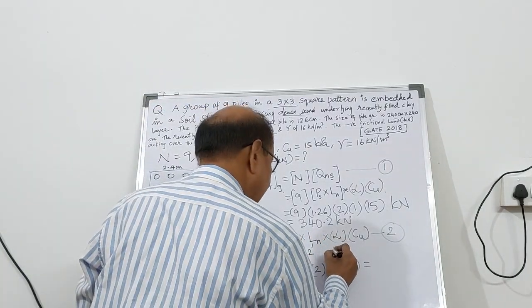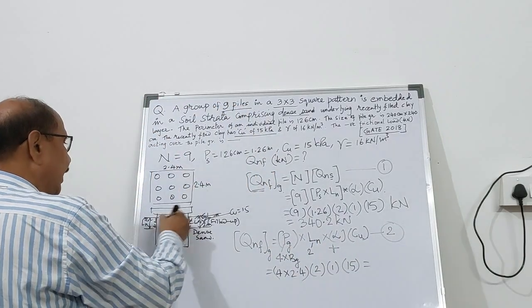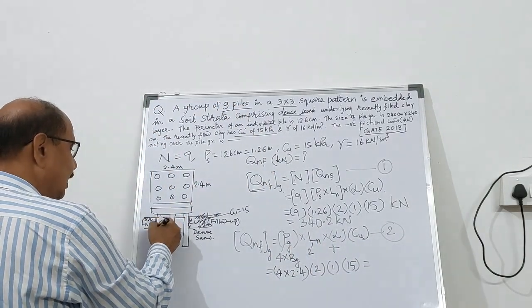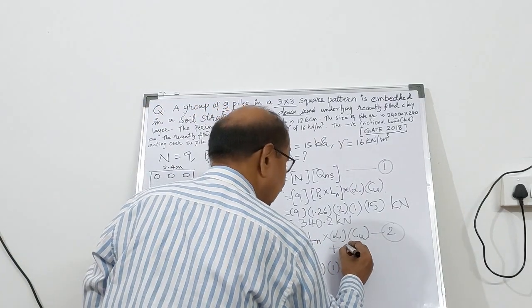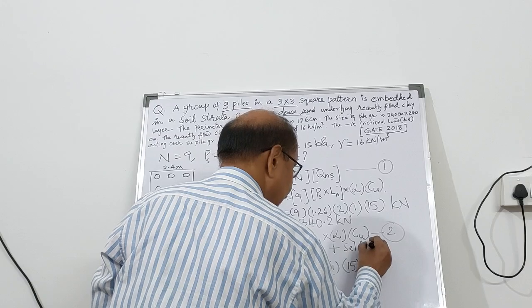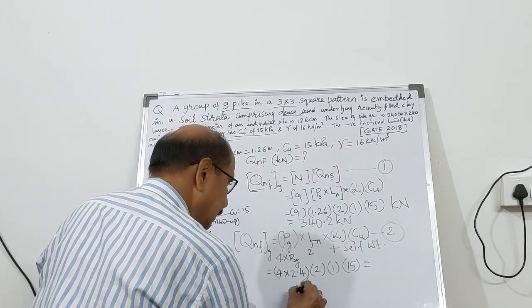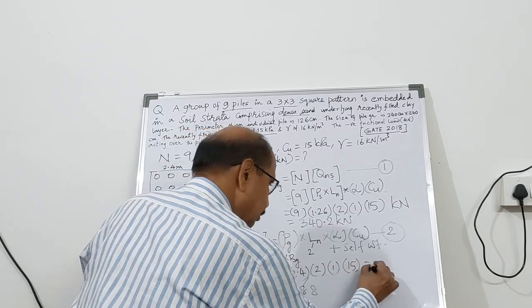Plus here you should take the self weight of this clay soil. So this part is going to be 288, then plus.